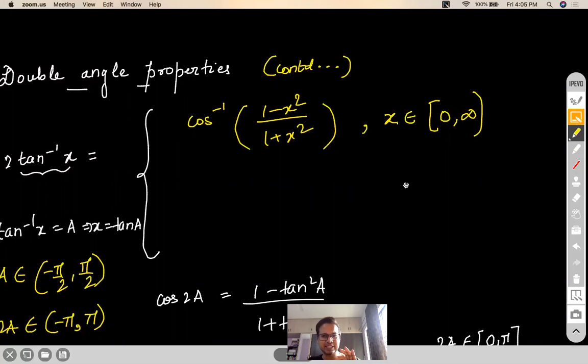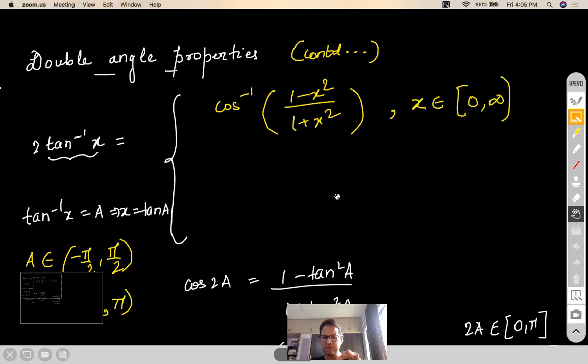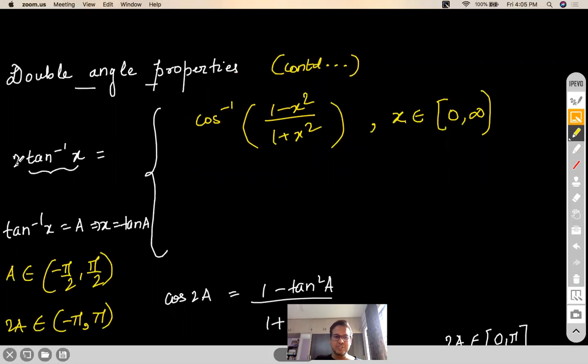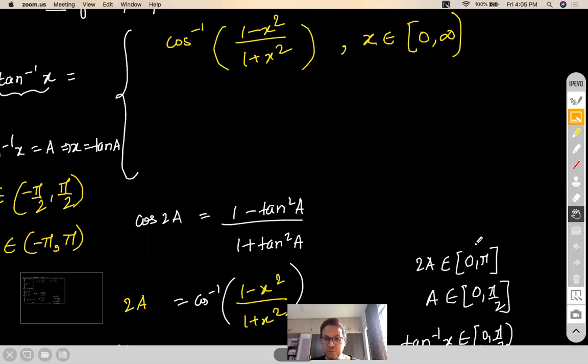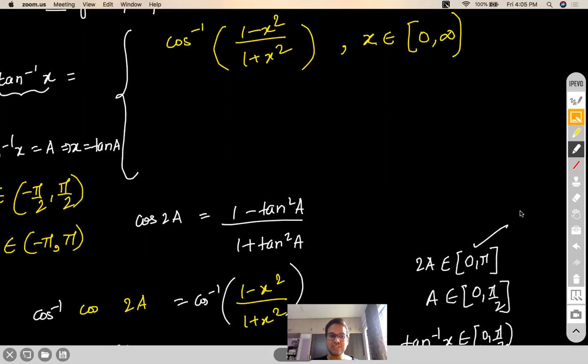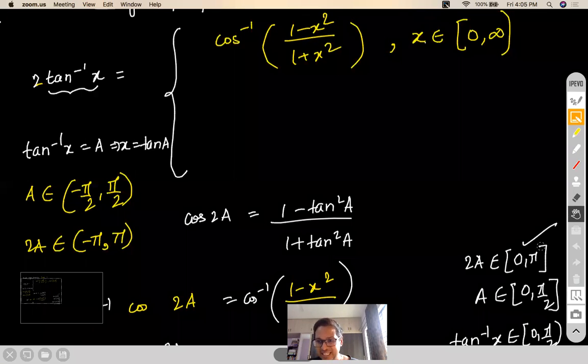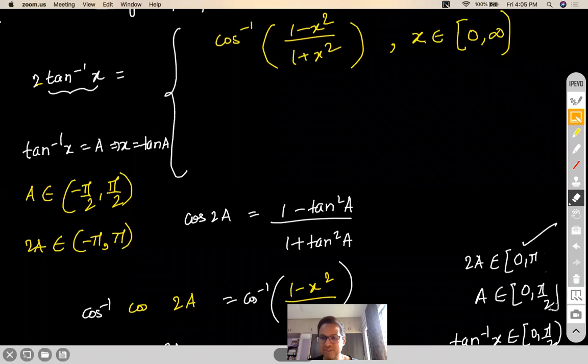Everybody, please pay attention. The second part of the formula I'm going to get right from here itself. You have already taken care of this interval 0 to pi, and your 2A was supposed to be from minus pi to pi. Let me write it with round brackets only, because ultimately we have to use round brackets only. So minus pi to pi, from there you have already used 0 to pi. So what is left? Pi to 2 pi.